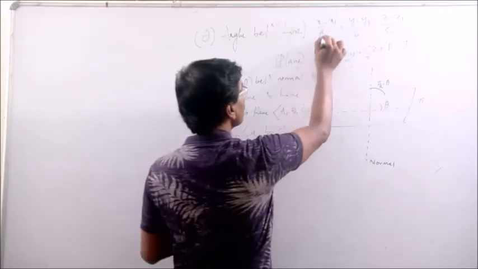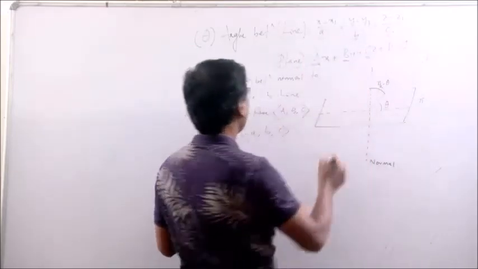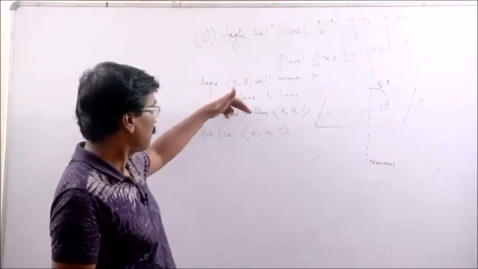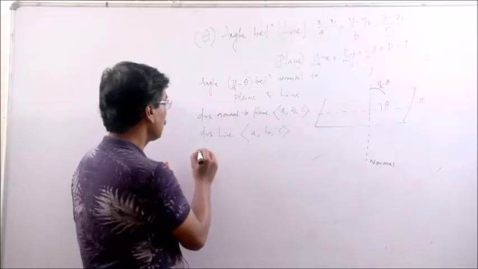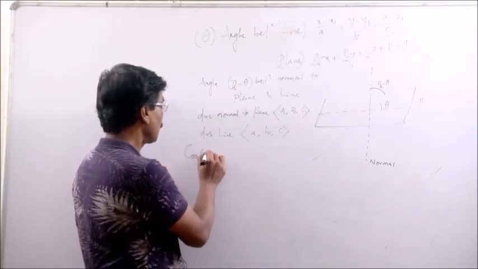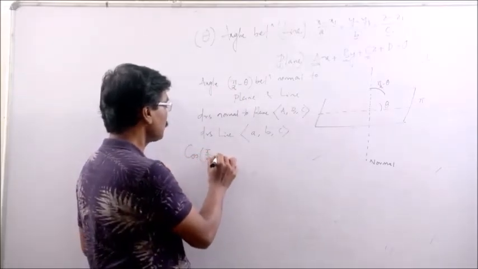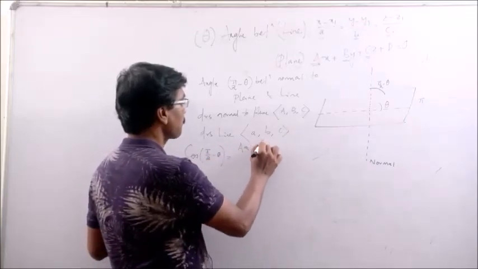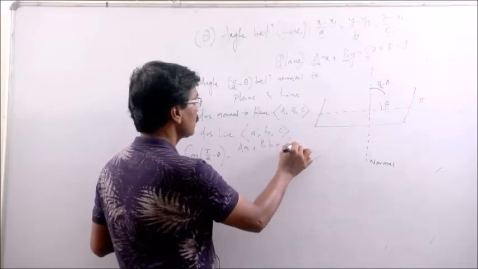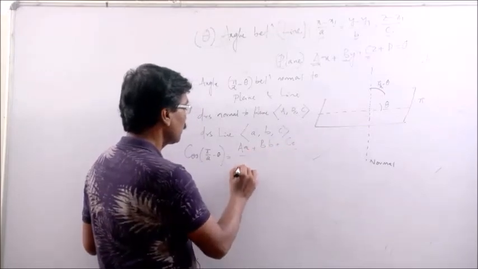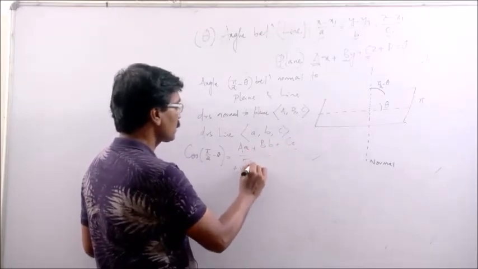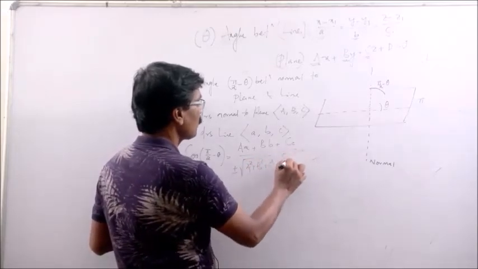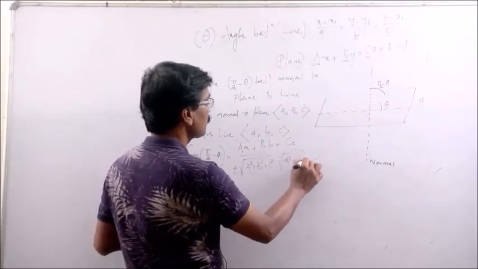So, if 90 minus theta is the angle between normal and line, then cos (90 minus theta) is equal to A into a plus B into b plus C into c divided by root over of A square, B square, C square, root over of a square plus b square plus c square.